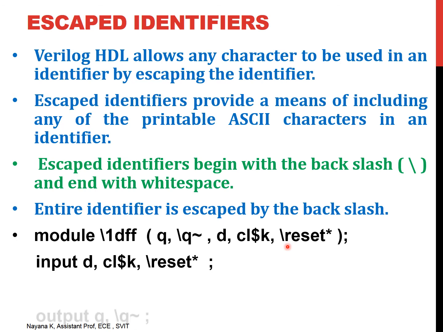And as usual, the input and output variables are declared in this particular module. So when you have declared an identifier as an escaped identifier, throughout the program they should be used as an escaped identifier, that is, prefix it with a backslash and end with a white space to make that identifier acceptable.